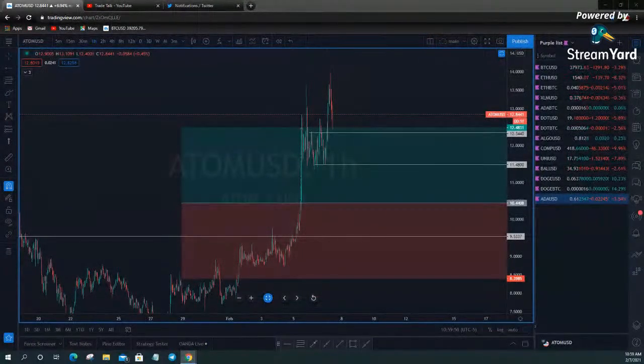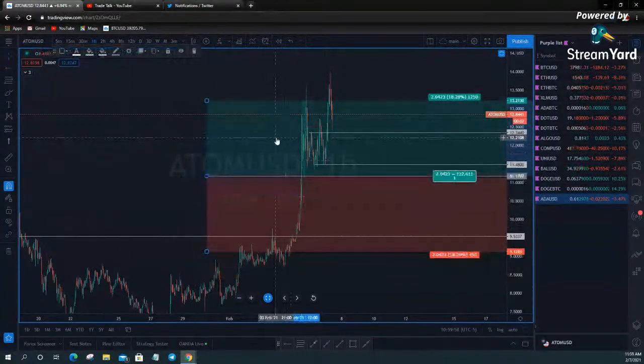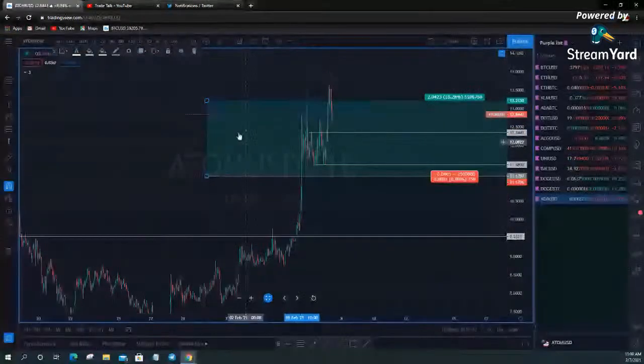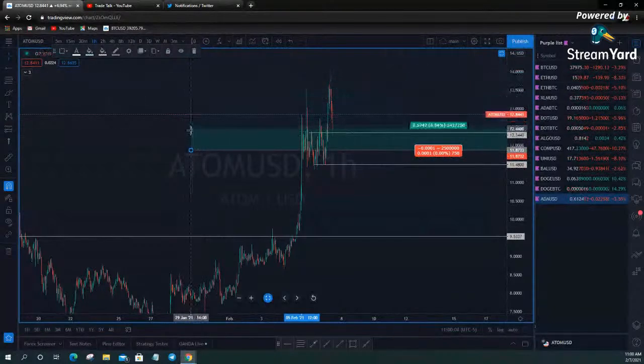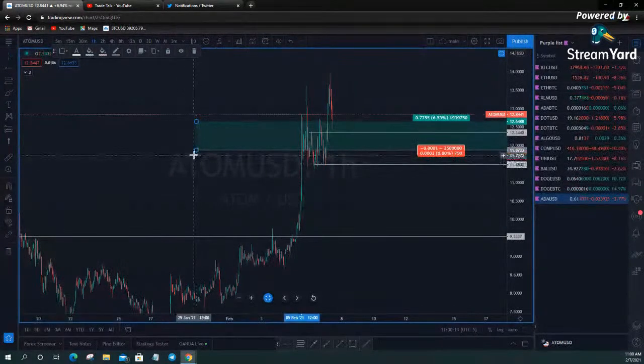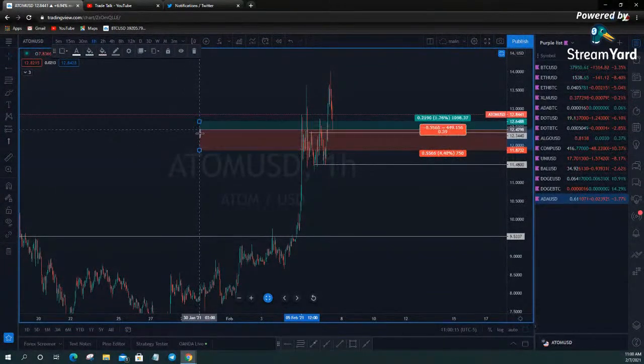Give me a second. I just have to make sure no one's saying, hey, Heath, we can't see you. All right, they're not saying that. This TradingView is just crazy. I don't know, it's probably my internet. Get rid of this magnet tool, that might help. No, it's not doing anything.